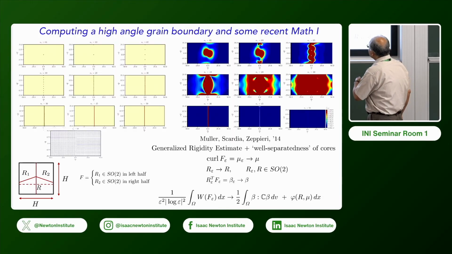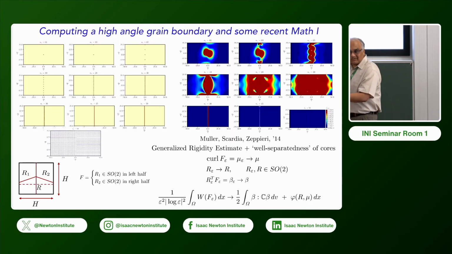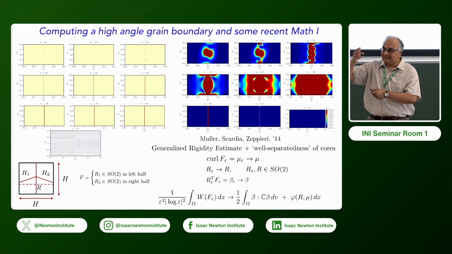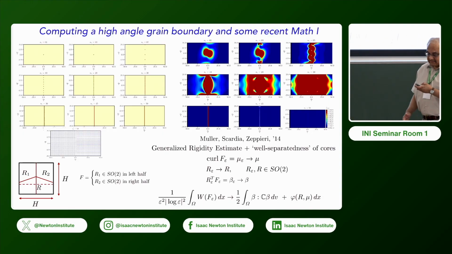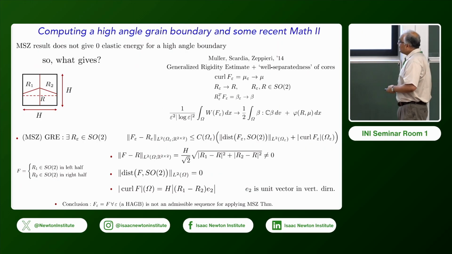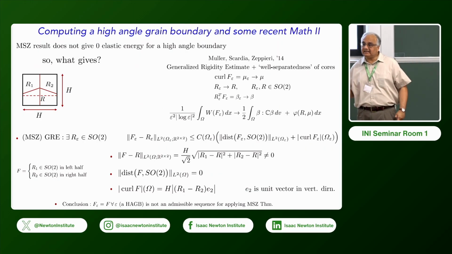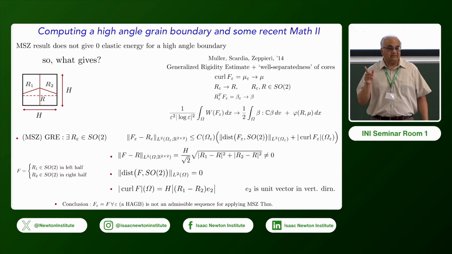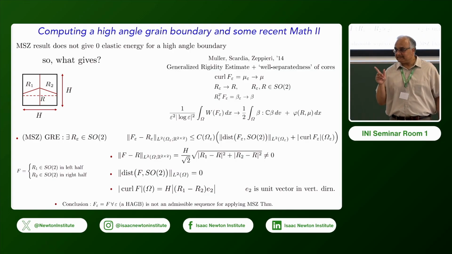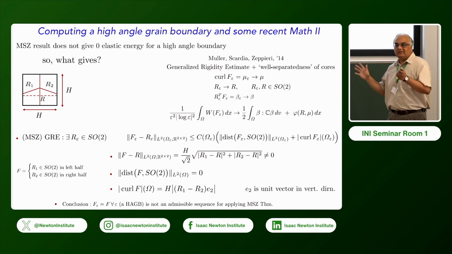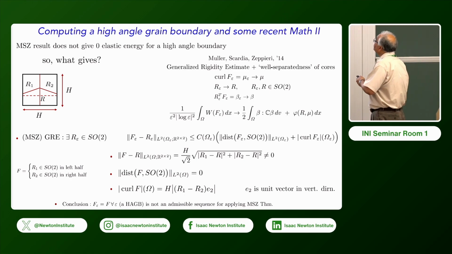But then when it gets very close, that's what allows you to completely shield the fields of the dislocations in the wall, goes to zero. So the conclusion really is that the F epsilon corresponding to a high angle grain boundary is not an admissible sequence for the Müller-Scardia-Zeppieri result. Okay, but yeah, that's really the conclusion.